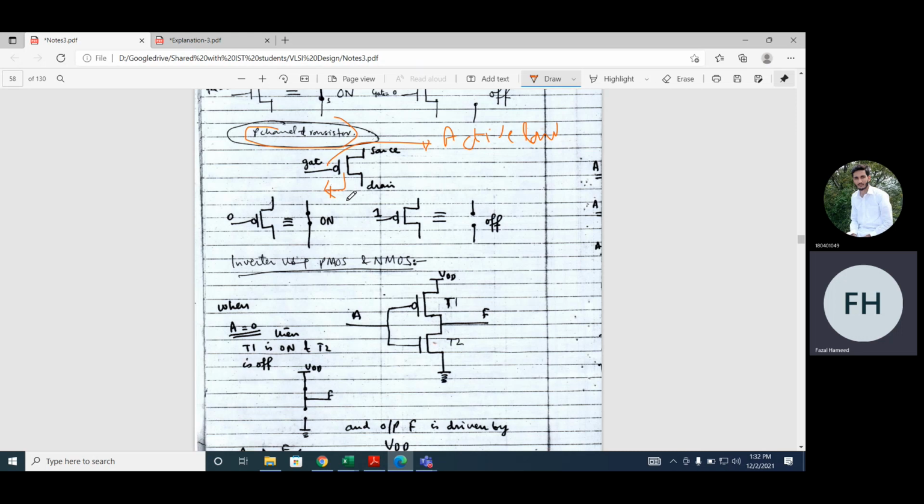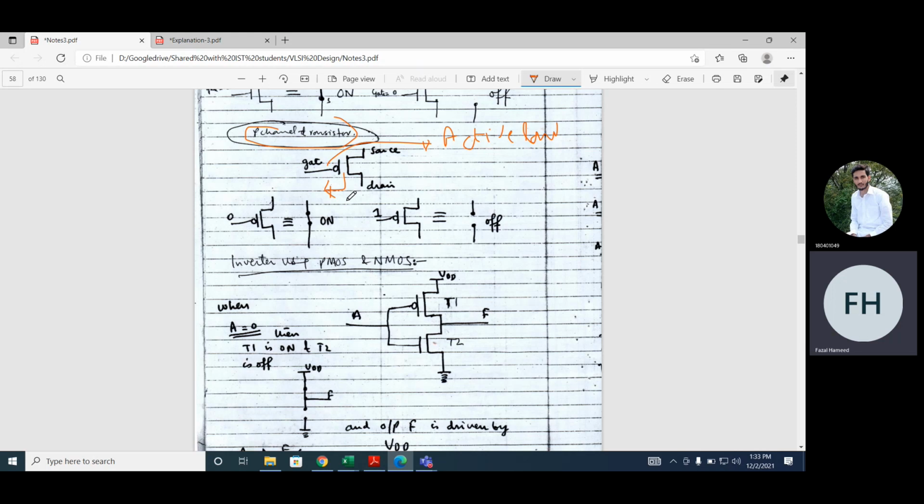There is no current flow from the gate. The current flow is from the source to drain. But there is no current flow from the gate inside the channel, because within this channel there is this insulator, silicon dioxide, and it is a very thin layer.